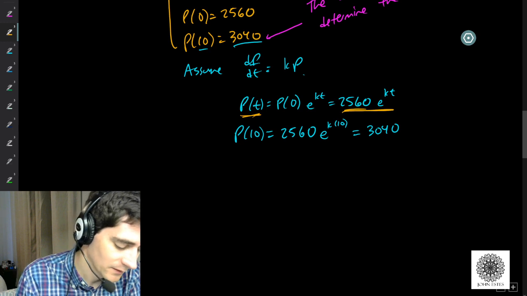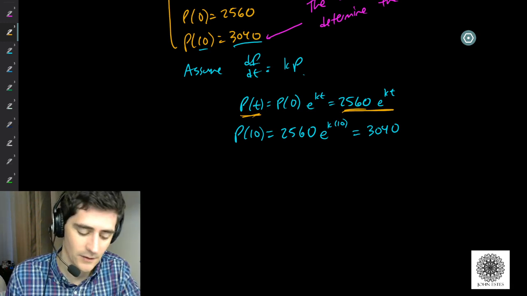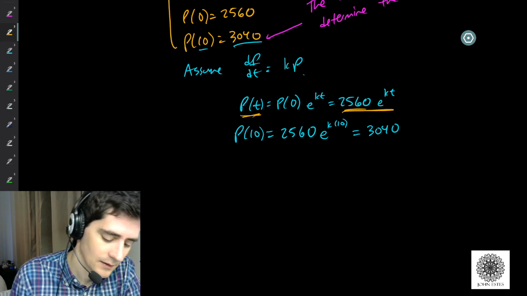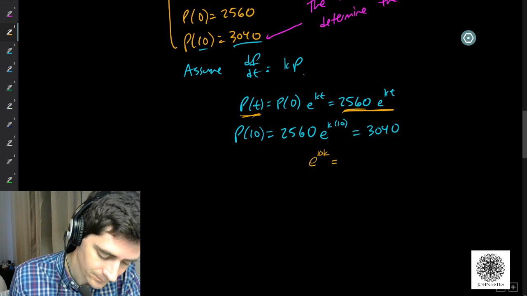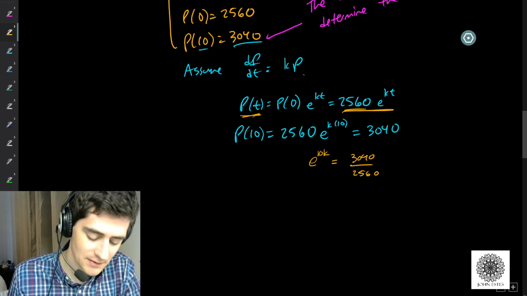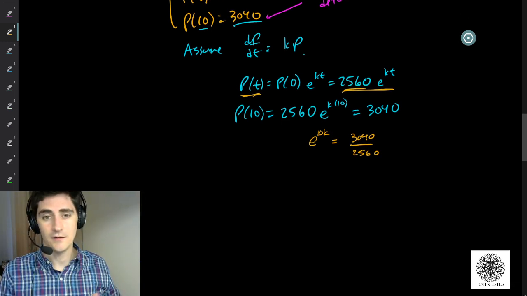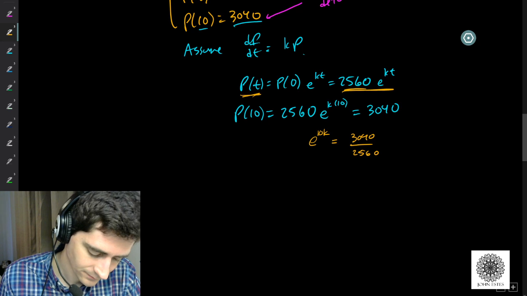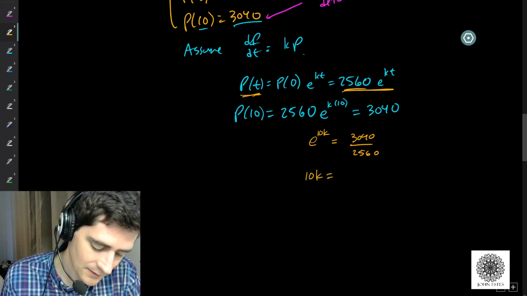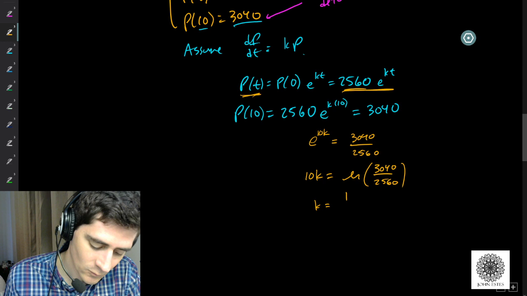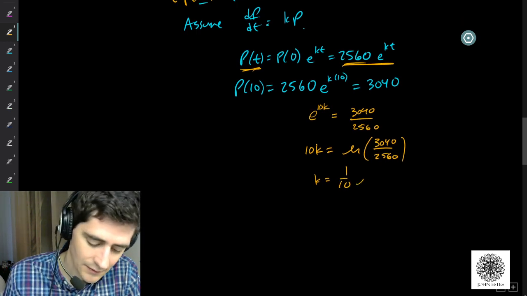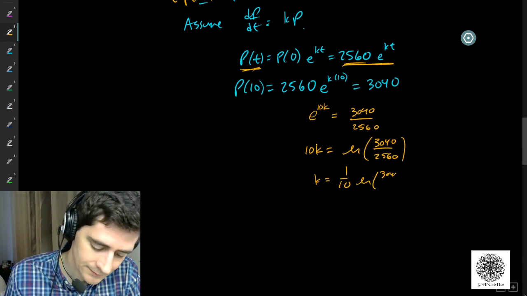So now what that allows me to do is figure out the value of k because I know everything in the situation other than k. So I get that e^(10k) = 3040/2560. So how do I do this? I take the ln of both sides. So 10k = ln(3040/2560), or k = 1/10 ln of that number.